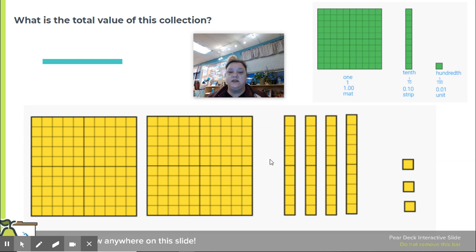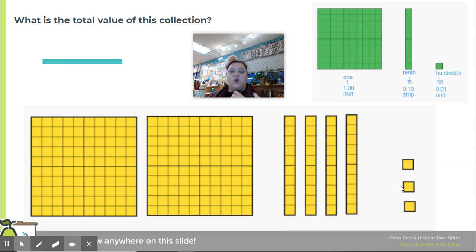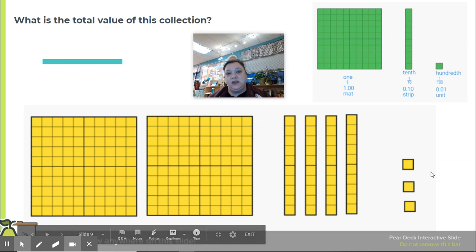And we have 3 hundredths. So 2.43, sorry. So we've got 2 and 43 hundredths. The name of your collection is going to be the value of the last place that you're looking at.